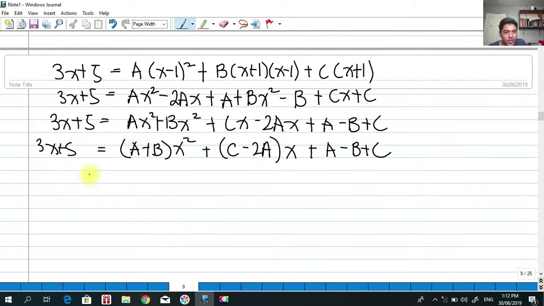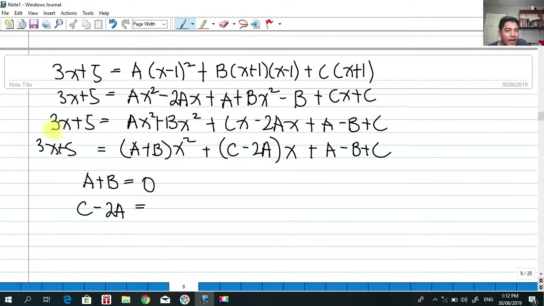So the first equation is a plus b. Now my question is, a plus b is equal to what? This has an x squared, but we don't have any x squared term on the left side, so this must be equal to 0. That's our first equation. Our second equation is c minus 2a, which is in terms of x.